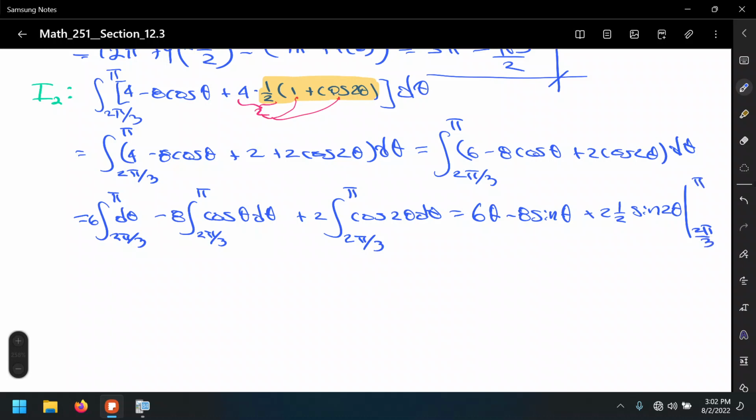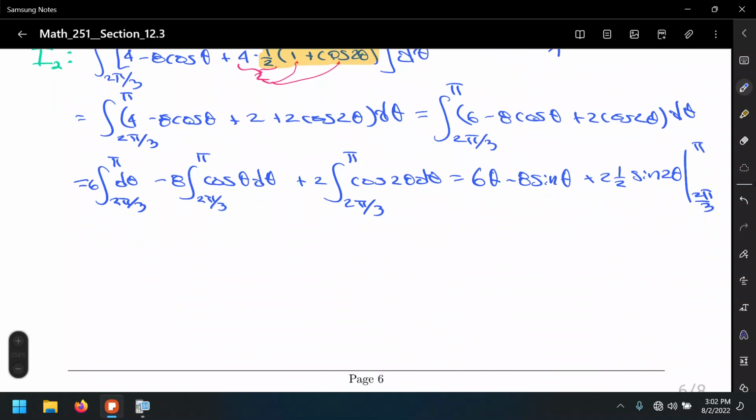Cancel the 2 with a half, and that's going to be 6 theta minus 8 sine theta plus sine 2 theta from 2 pi over 3 to pi. And just the same way we did it before, fundamental theorem of calculus: evaluate the integral at the upper limit minus the evaluation at the lower limit.